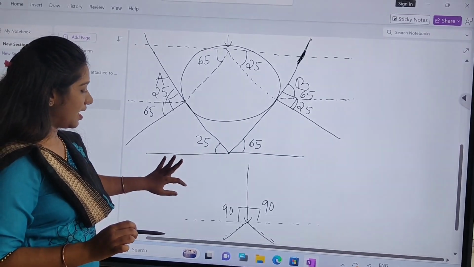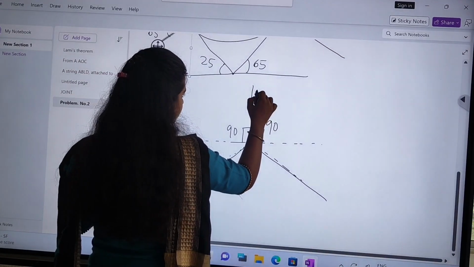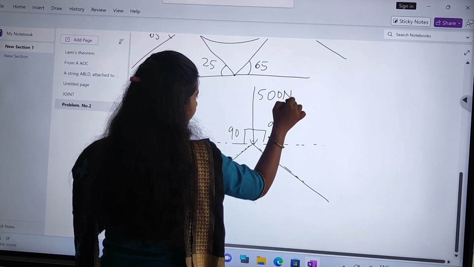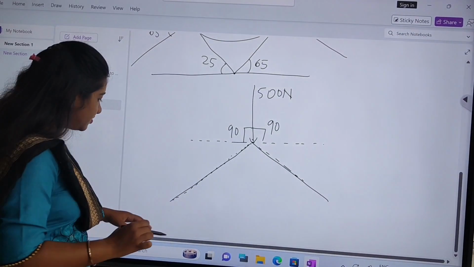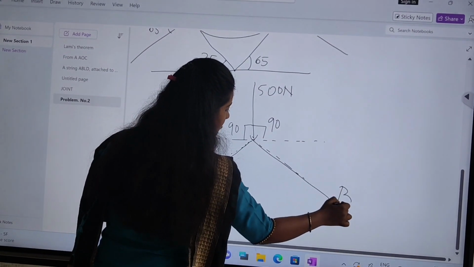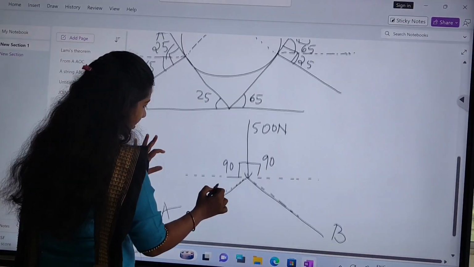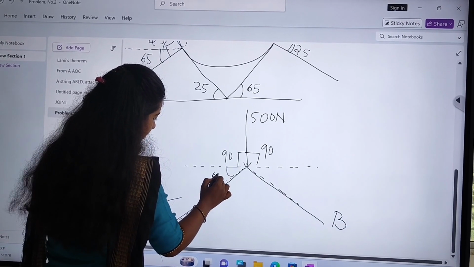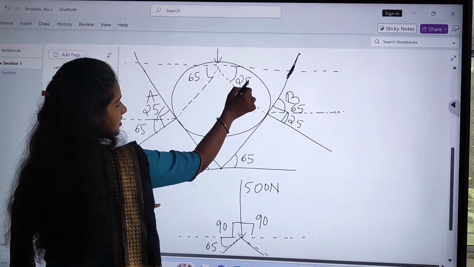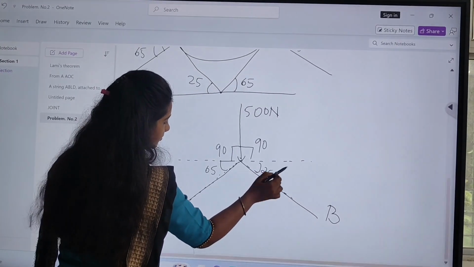Next, we find the three concurrent force system. This one is already given, 500 Newton. This one is A and this one is B. So this corner is 65. We put down this value here and this corner is 25. We write down here 25.